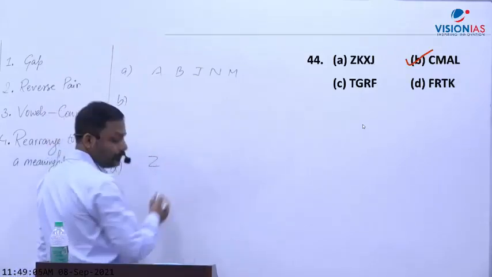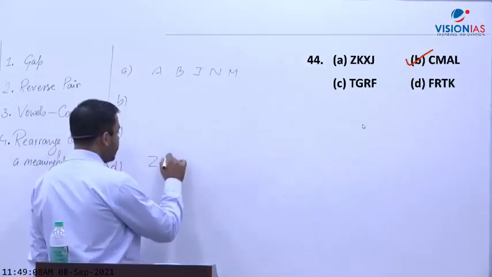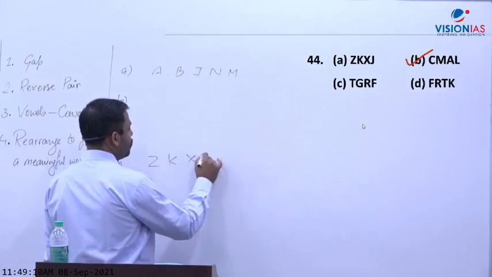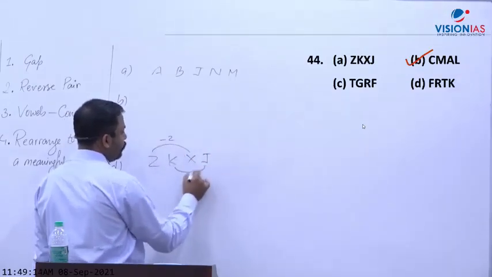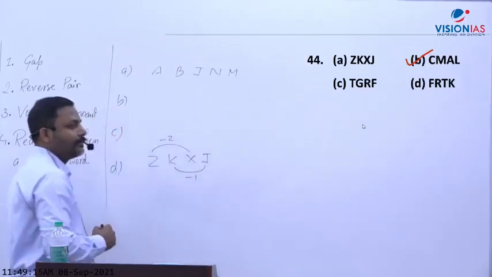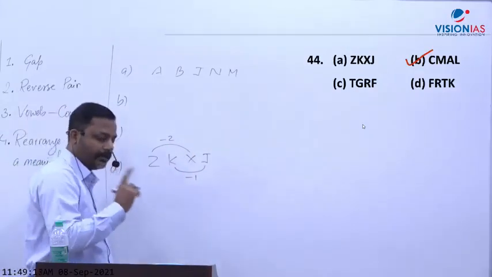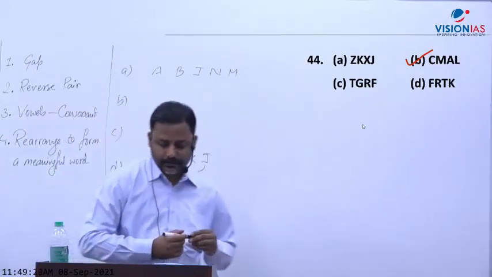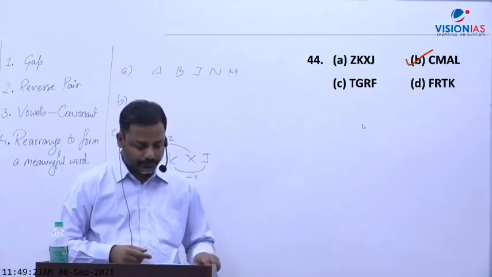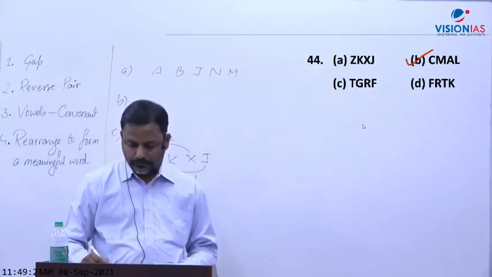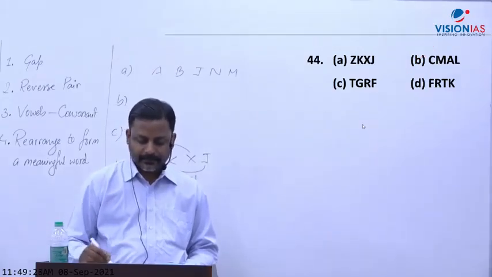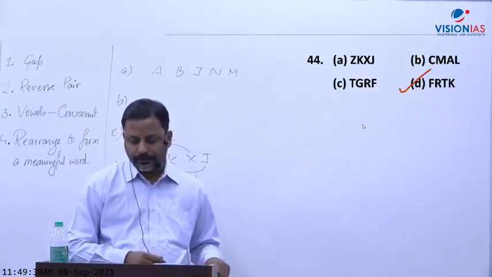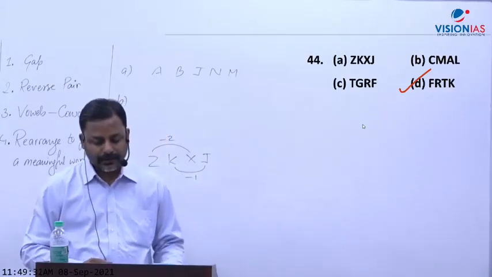Like ZKXJ. If you try to find the difference between the first and third, it is -2 and that of K and J is -1. Apply this logic first. So in case of question number 44, I didn't check the difference part. That's why, in case of question number 44, the answer would be option D.